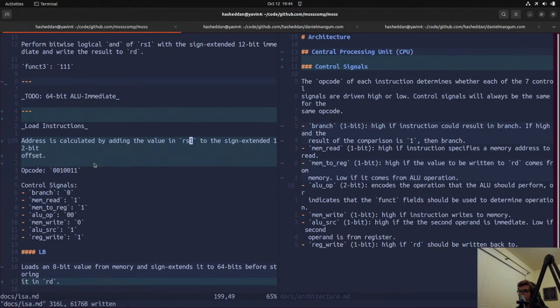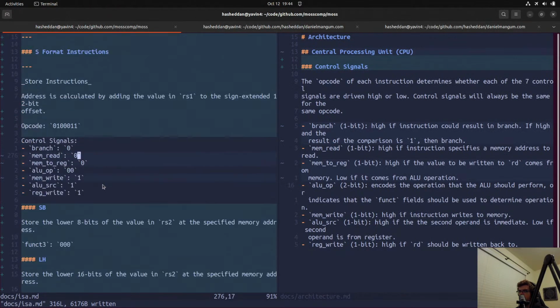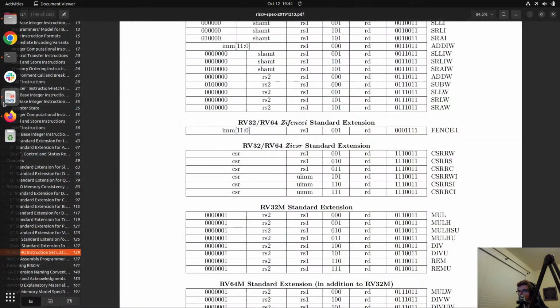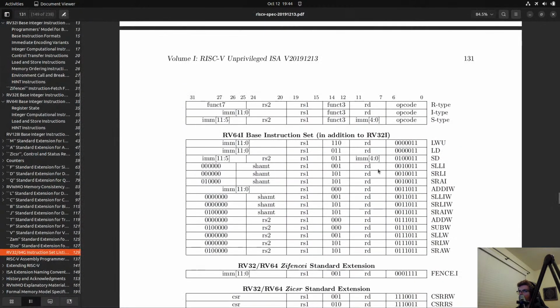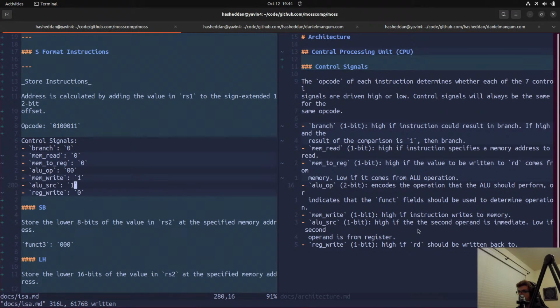Finishing up the opcodes. Where were we? Reg write, no. ALU source. Second is an immediate, so yes in this case. All right, let's check ourselves.